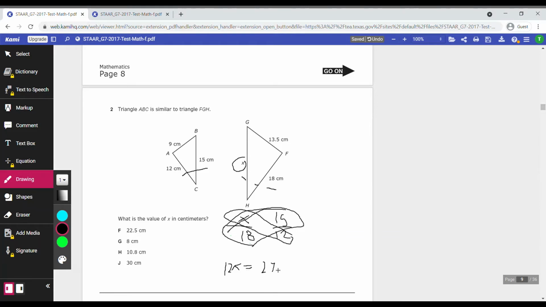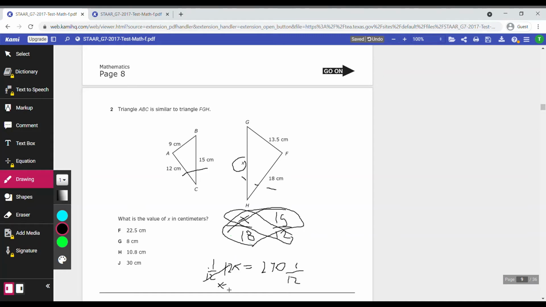Then remember, we have to get x by itself. To do that, we have to get rid of the coefficient, which is 12. Since we're multiplying by 12, we do the inverse, which is divide. So we multiply by 1 over 12 on this side, and we have to do it on the other side too. Then x equals 270 over 12.